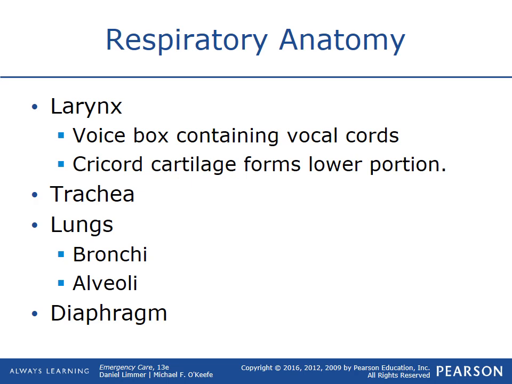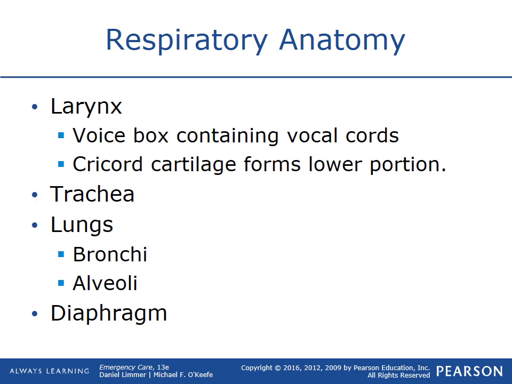And then we have our lungs, which have passageways in them so that the oxygen can travel through and get to the alveoli, which are the grape-like sacs where our oxygen is stored. So the bronchi and bronchioles are what take that oxygen to the alveoli.